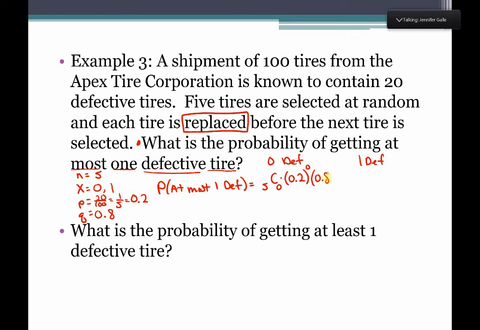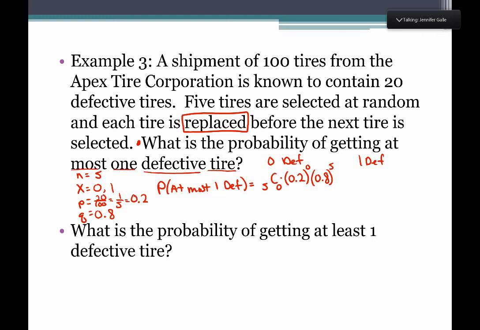That's the piece we can't forget. That's where some of us got tripped up with our combinations and permutations on the Chapter 4 test. If we were selecting 8 students, and maybe you're trying to find that none of them were female, you would put that there were 0 females, but then you forgot that we still need 8 students. So we are still selecting 5 tires, we just don't want any defective.